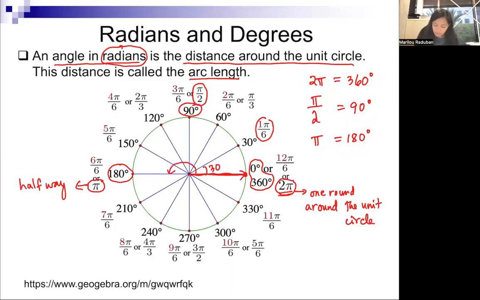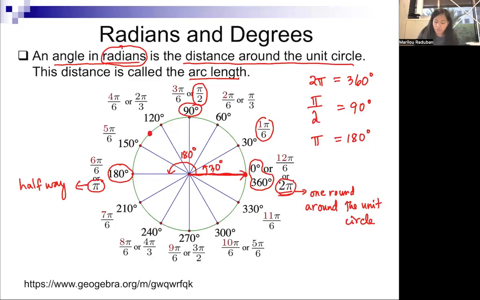180 degrees is measured relative to this positive x-axis, if you'd like to think of it that way. But angles are easier to measure than radians. For example, at some point the object is here.